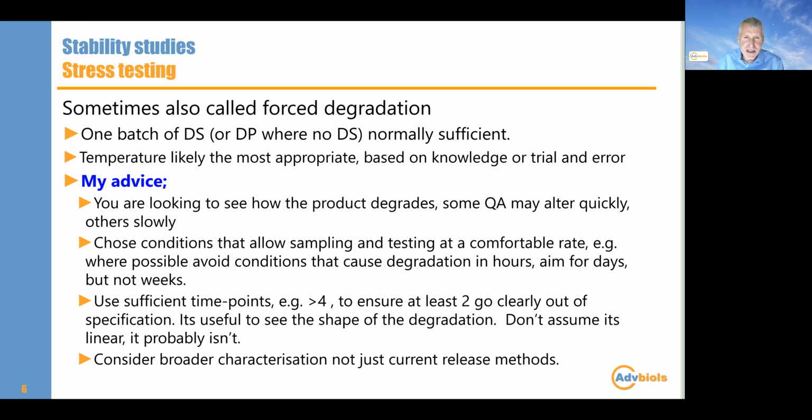They've got a slightly guessed release specification early in development, and then from that, they just guess which ones might be stability indicating, knowing that certain things should be there. Do some proper characterization, because you will learn a lot more, and you might identify attributes that you hadn't thought of that might actually be useful also for release. So it should really be full characterization and not just a few tests.